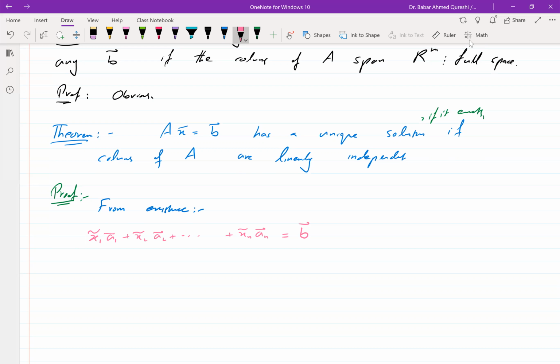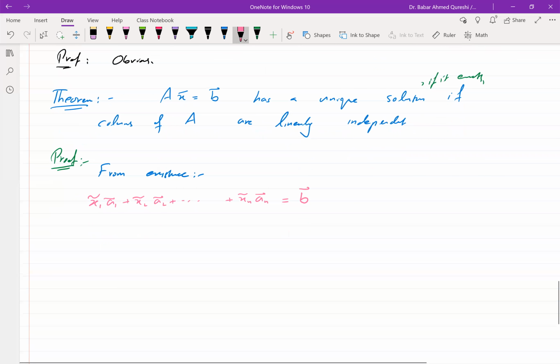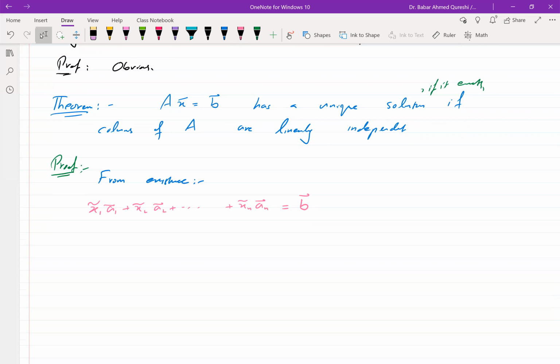This is just our previous statement. It has to be in the subspace spanned by the columns. Now, instead of tilde, let me write C1 for the clarity. There will be some solution. There will be a linear combination of the column vectors, B's.